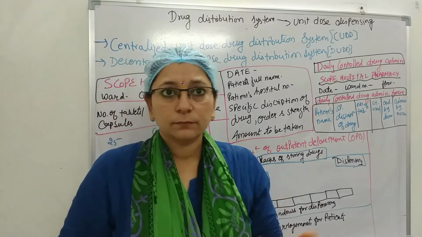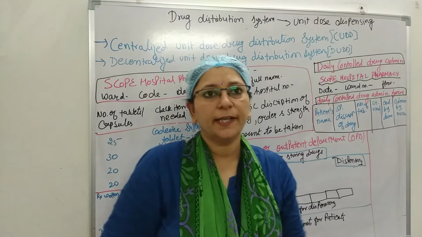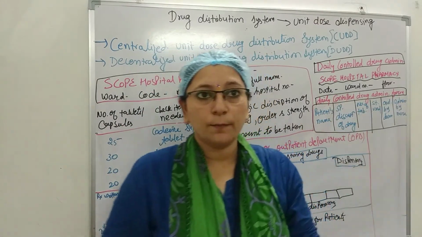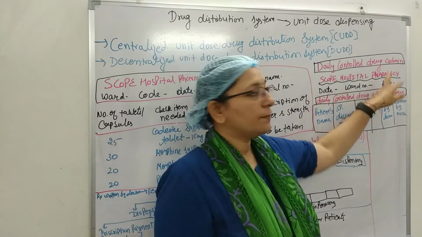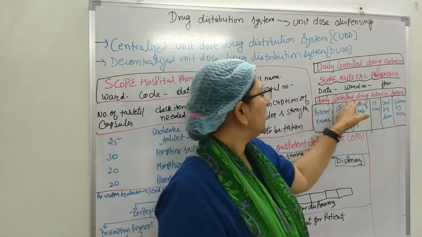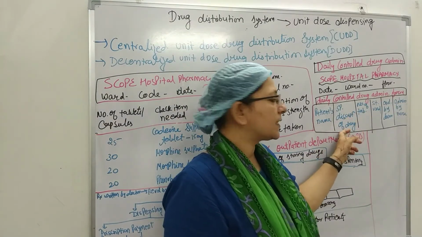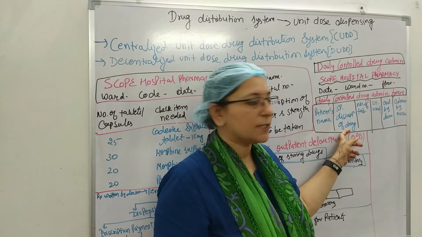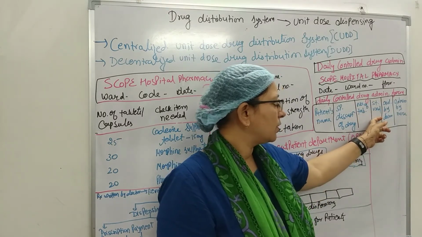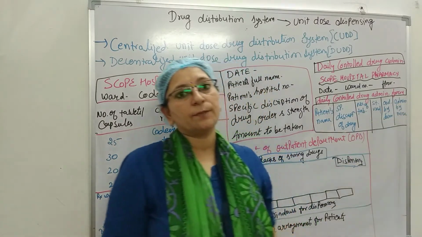Now, daily controlled drug administration is there. There is one form for daily controlled drug administration, where the date, ward number, floor number, patient's name, a specific description of the drug, number of tablets, strength used, order by doctor and administration by nurse are recorded.